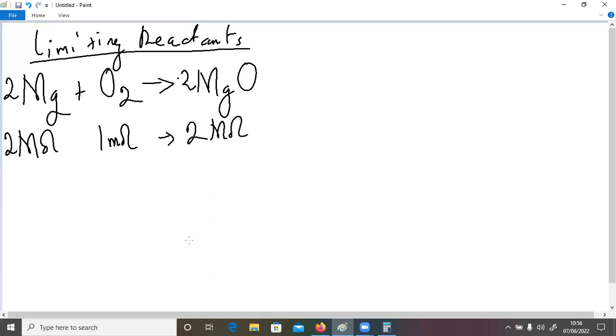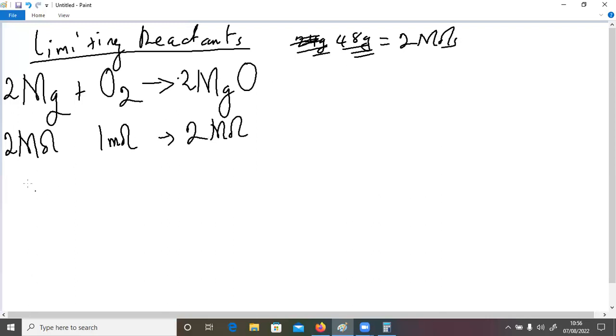If we talk in terms of real masses, suppose I have 48 grams of magnesium, so that it makes absolute sense. 48 grams of magnesium is equal to 2 moles.